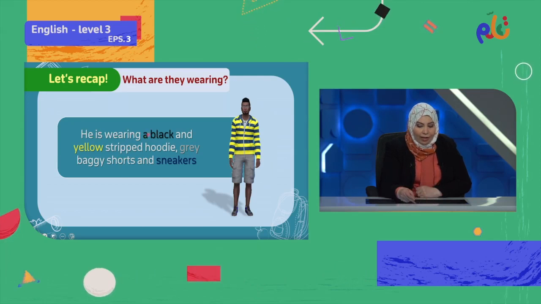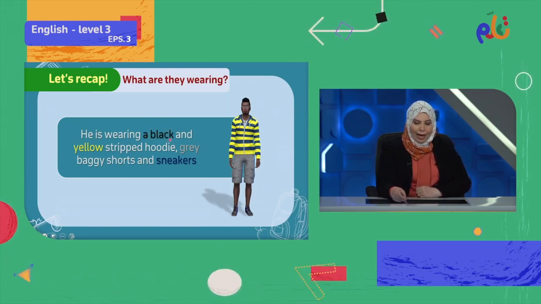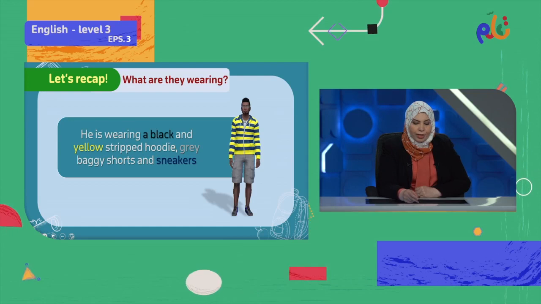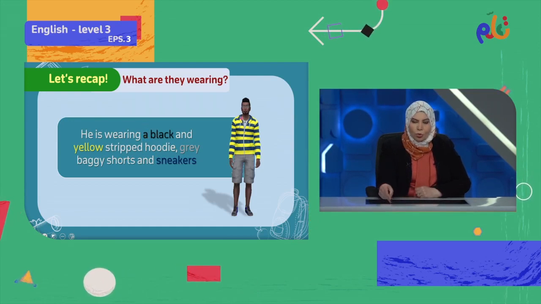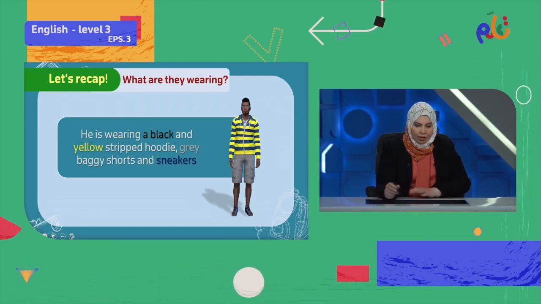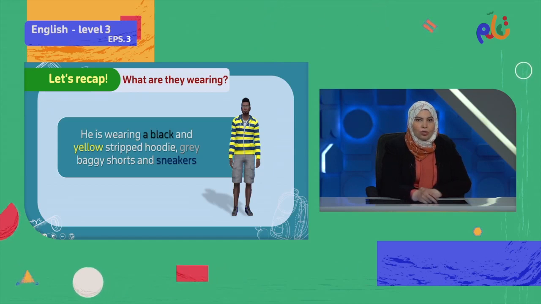He is wearing a black and yellow striped hoodie. We put a because we're talking about a hoodie, which is singular. So a black and yellow striped hoodie, gray baggy shorts. I didn't put a or anything because we're talking about shorts, which are plural. And sneakers. We can add some description for sneakers, or we can leave it as it is, which is fine.